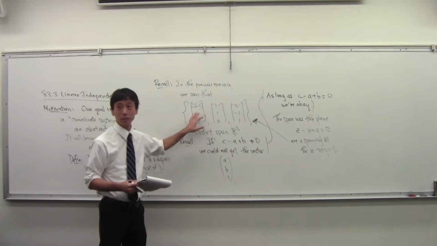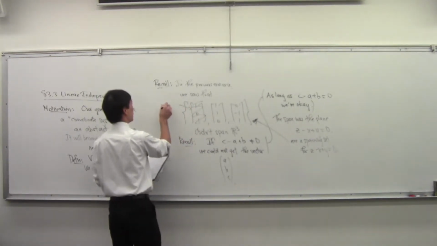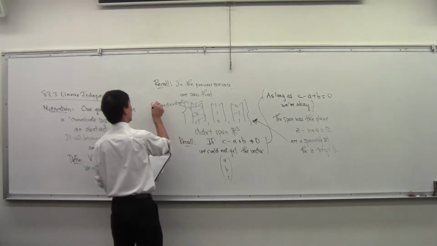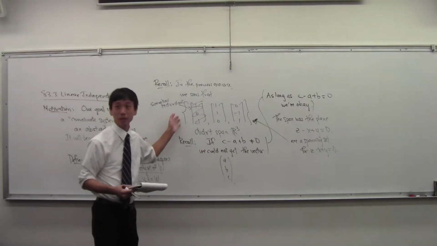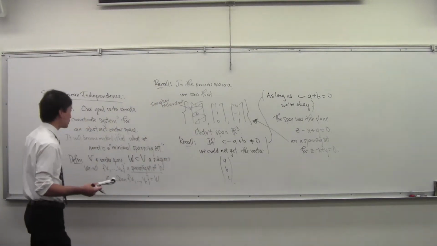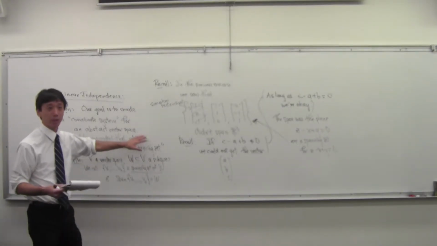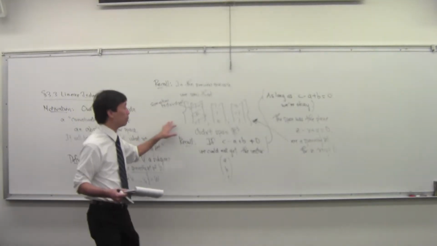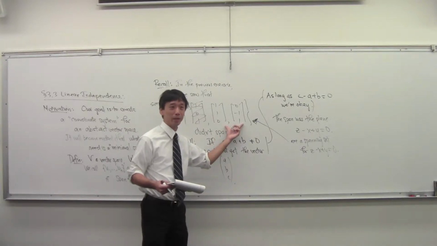I don't need this guy. Somehow redundant, in the sense that throwing it out doesn't change the span. And so this is basically what we're going to be talking about. This is the minimality that I'm talking about. If I throw out one of these guys, do I change the span?